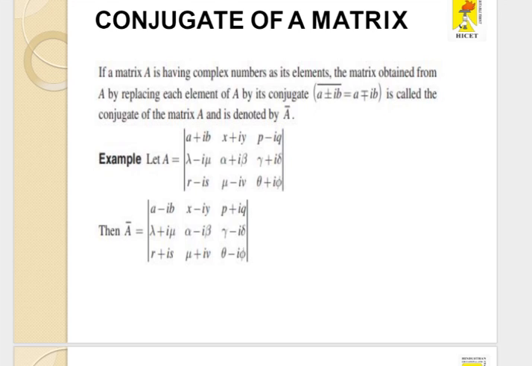Its conjugate is A bar. Here a plus ib becomes a minus ib. x plus iy became x minus iy. Similarly, p minus iq became p plus iq, and so on. Then A bar is called the conjugate of the given matrix.